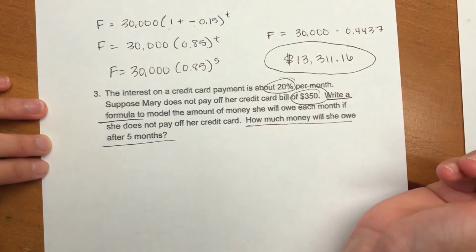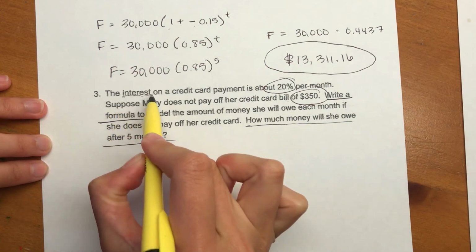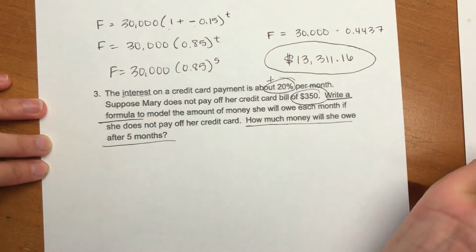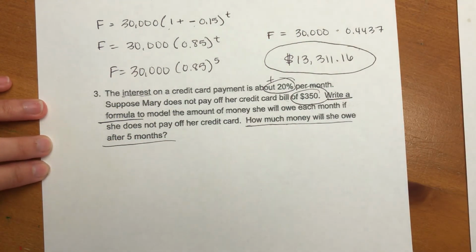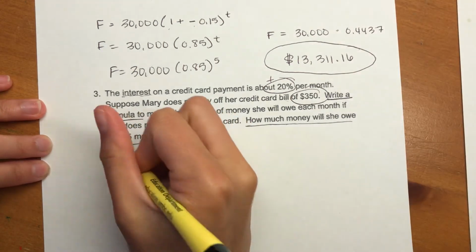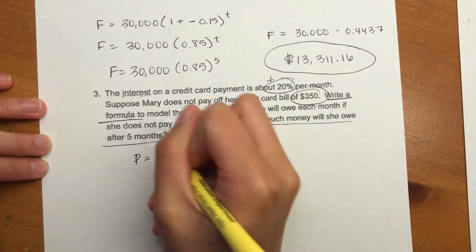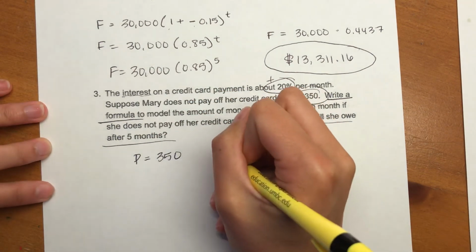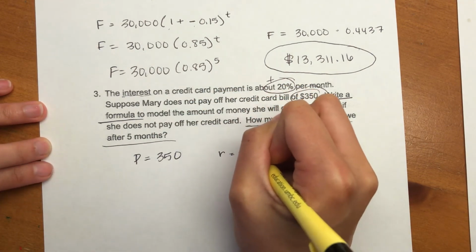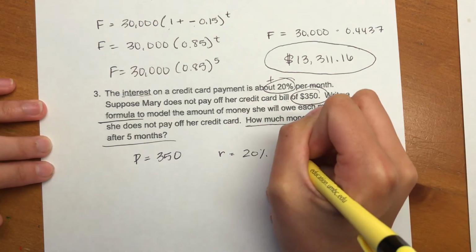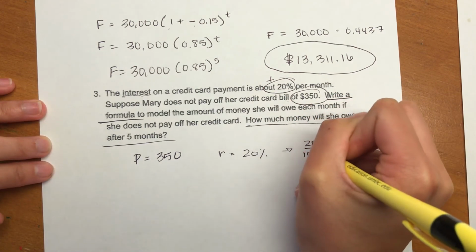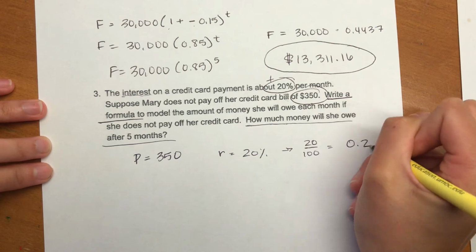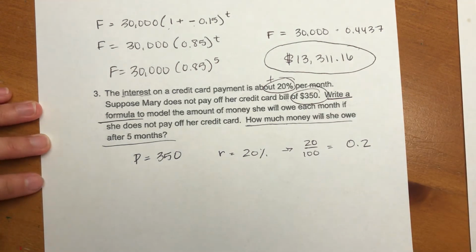She starts with $350. This is interest, so we know this is still going to be plus. All right. So my initial value, P, how much money did the bill start off with? $350. The rate, we're saying a 20% interest rate, which will be 20 over 100, or 0.2 is my rate.